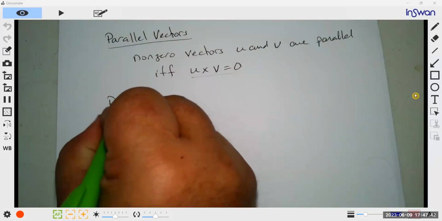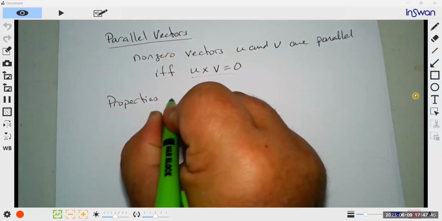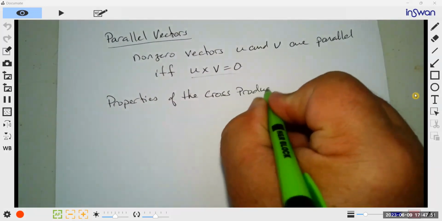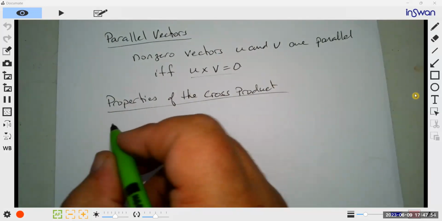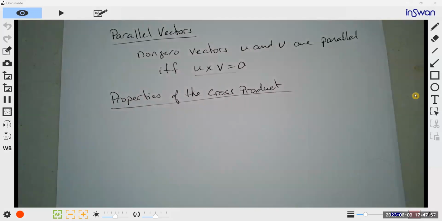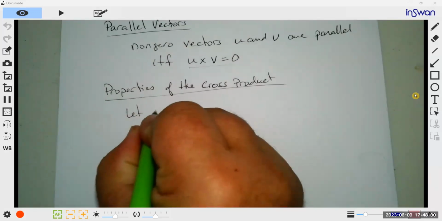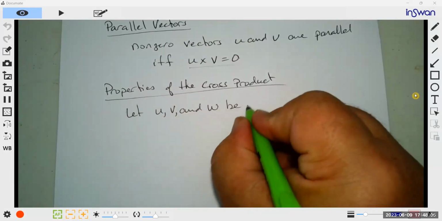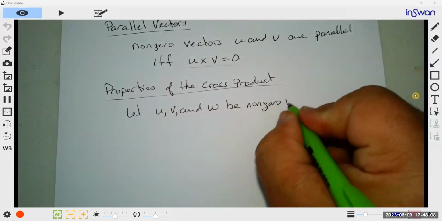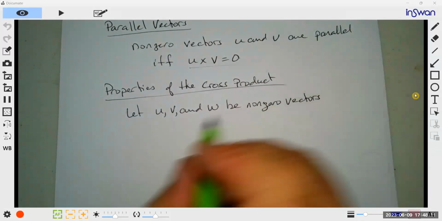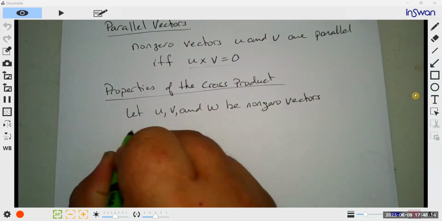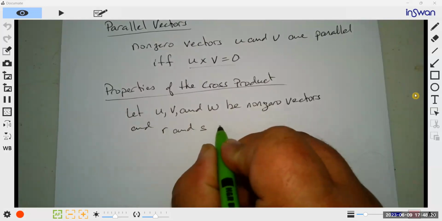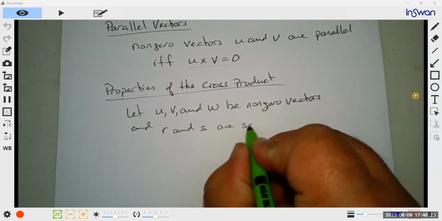The properties of the cross product state that, well, let's find our variables first. Let u, v, and w be non-zero vectors, and r and s are scalars.